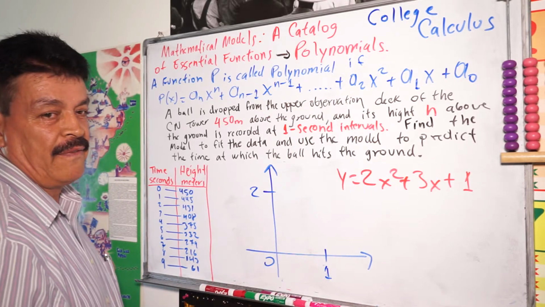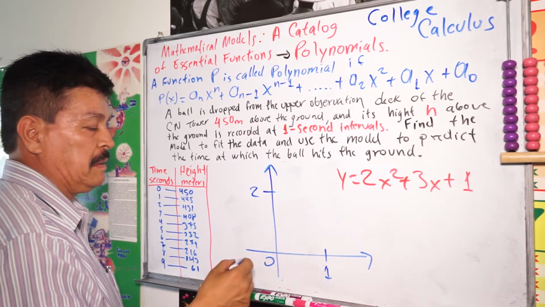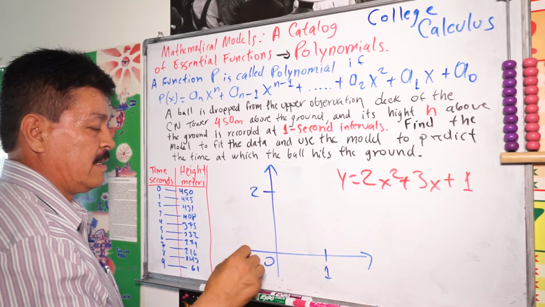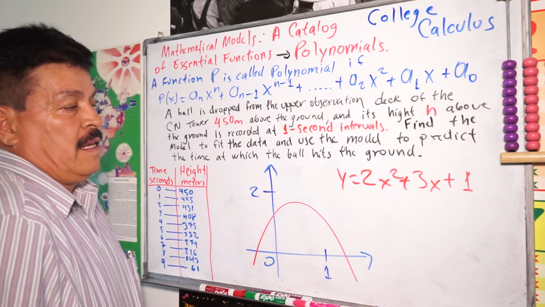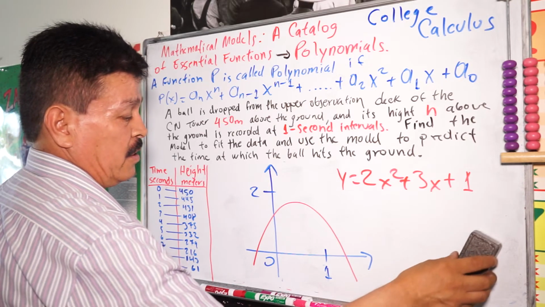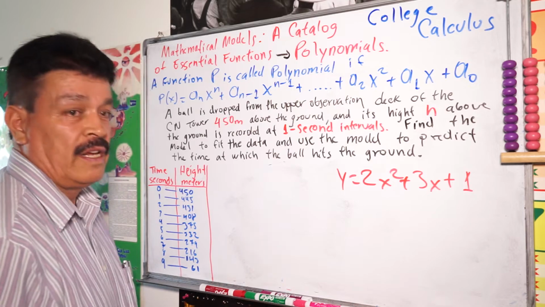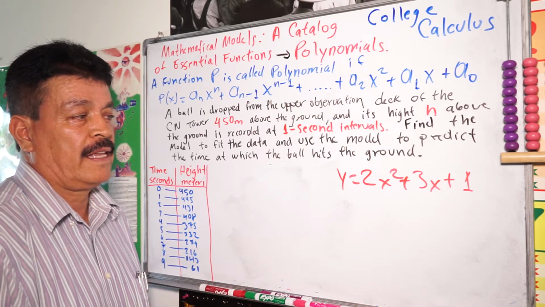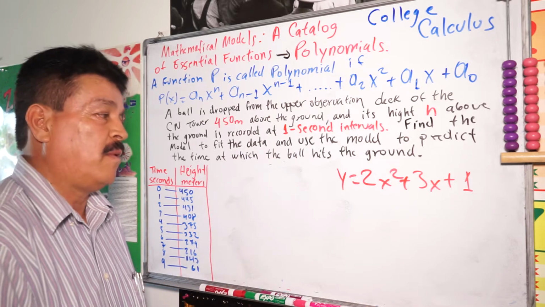You make a graph for this function, and it is going to be like so. That's not exact, I am just trying to show you what I mean. To conclude, when you work with a quadratic function, the graph is always a parabola.